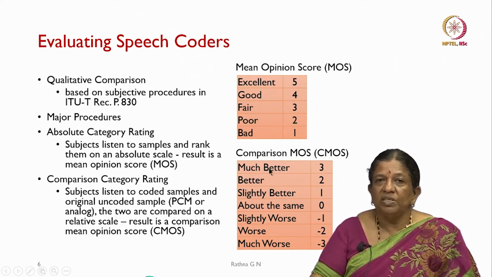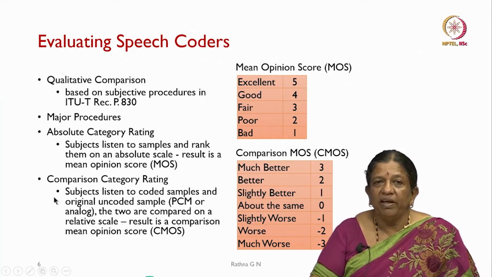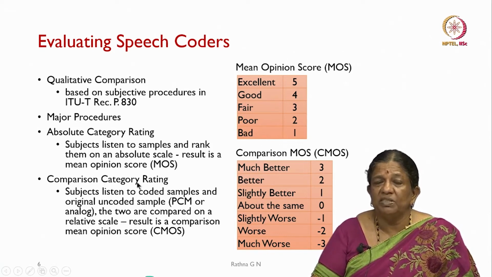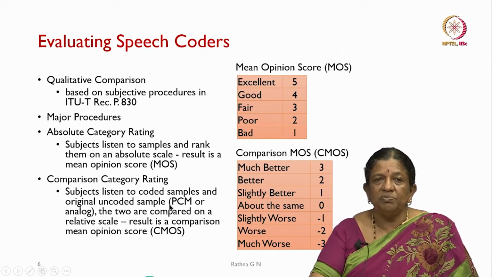It is much better has the value 3, better is 2, slightly better is 1, about the same is 0, slightly worse is -1, worse is -2, and much worse is -3. So, these are the scores. Now, how is the comparison category rating generated? Subjects listen to coded samples and the original uncoded sample, PCM or analog, either one, because we know that PCM is very good.